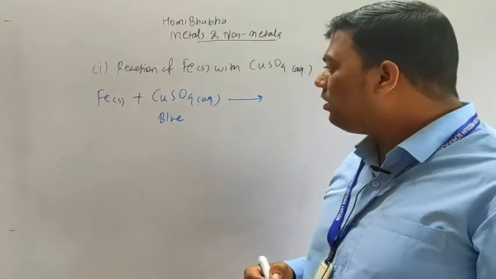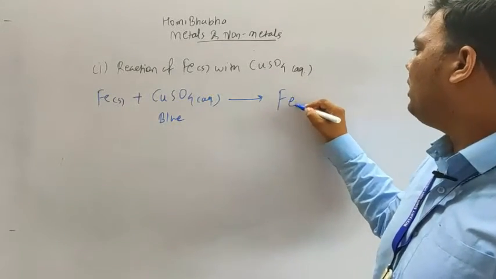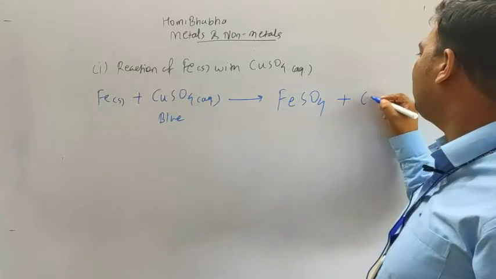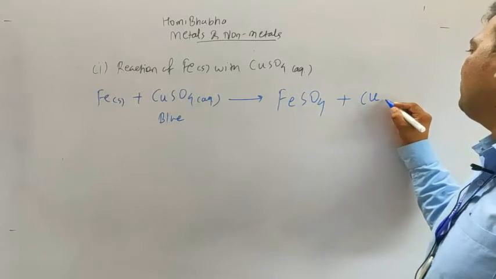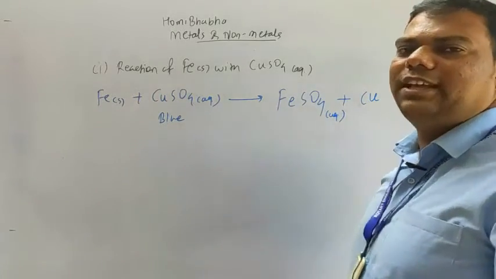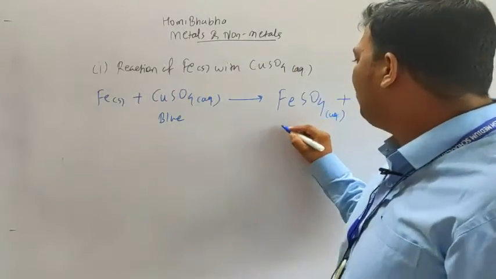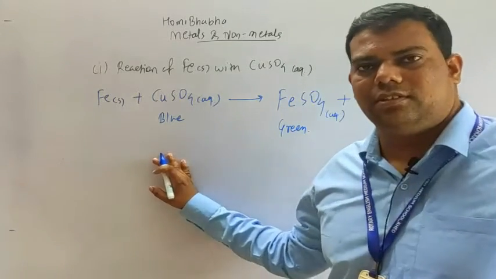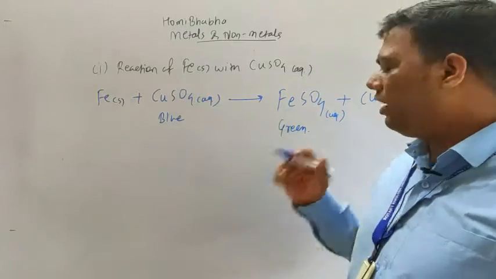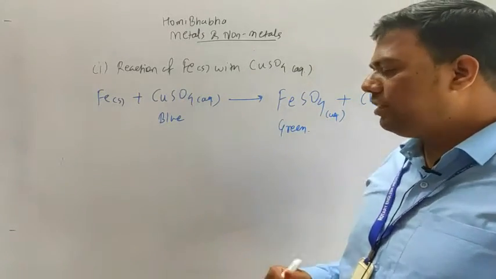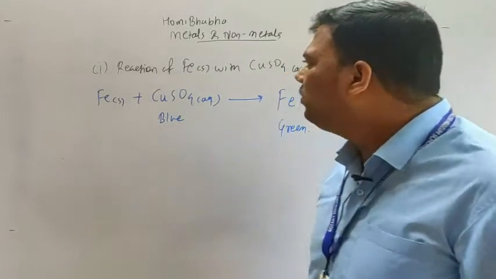So what will you get? Yes, FeSO4 plus copper. Understood. It is a simple reaction, but the solution color fades and you get a green color.